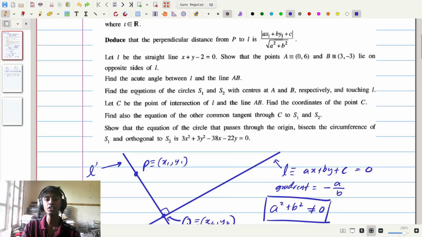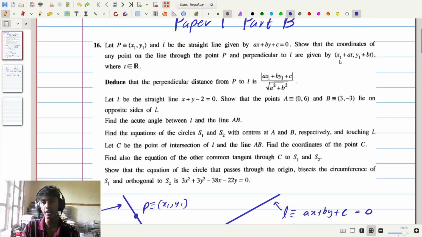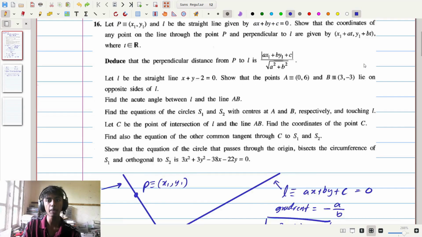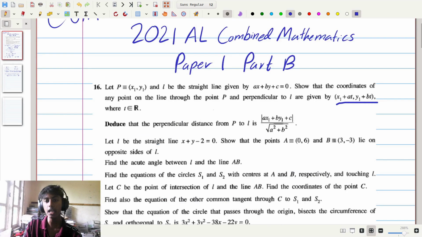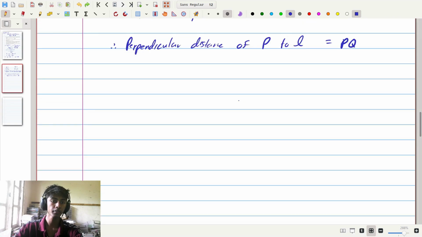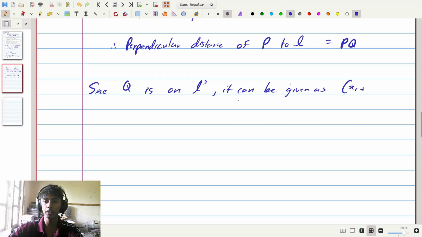According to that, since any point on the line L dash that we just defined can be given by this form, the point Q must also be able to be expressed in this form, x1 plus at, y1 plus bt, where the value t is some element of the real numbers and x1 and y1 are the coordinates of the point P. So since Q is on L dash, it can be given as the form of x1 plus at, y1 plus bt.